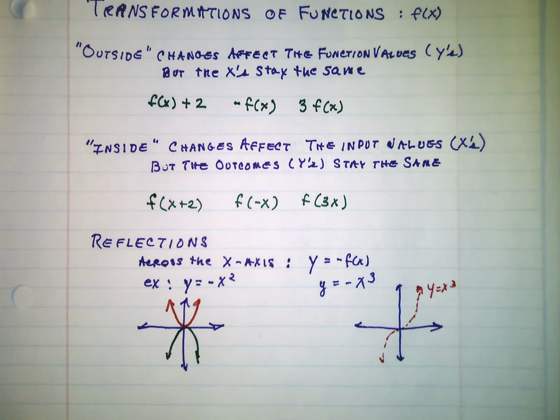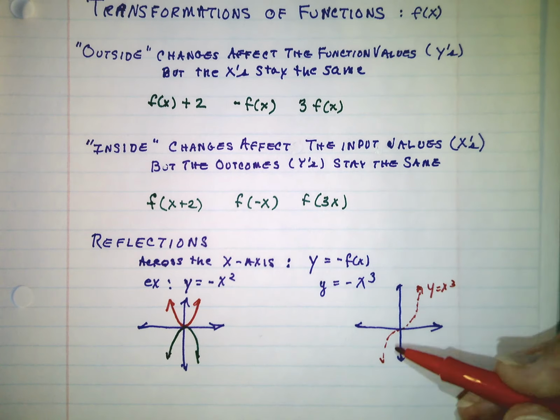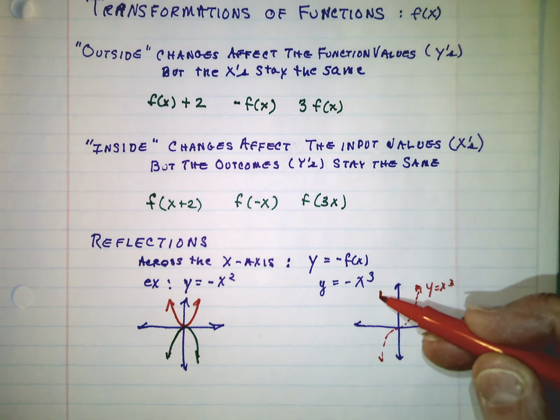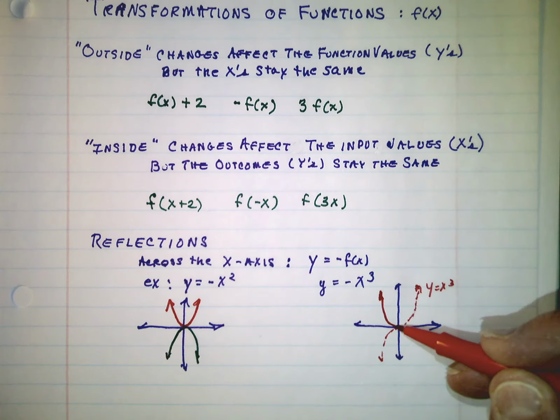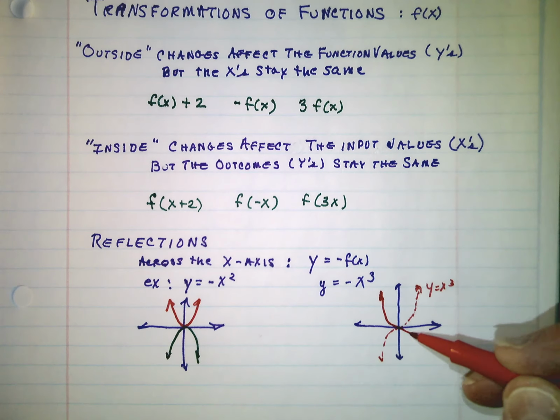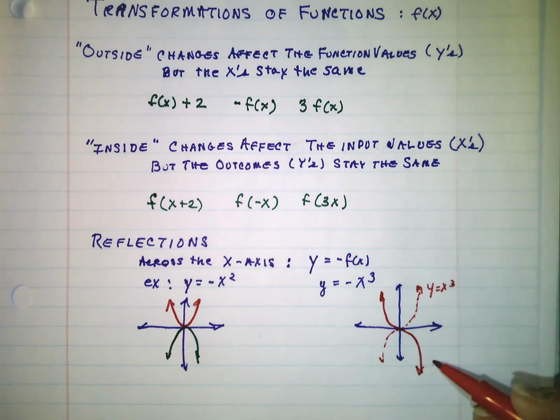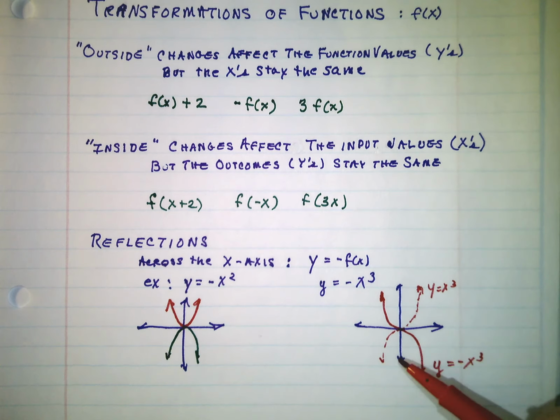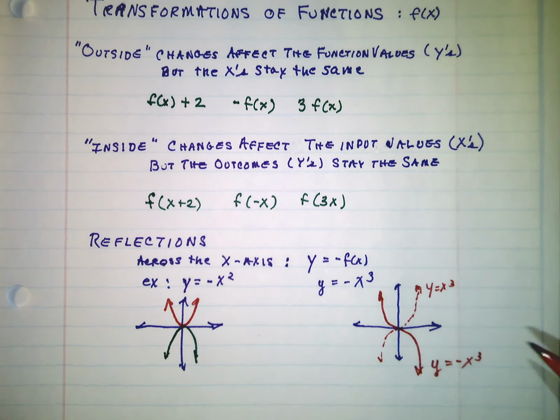And if we reflect it across the x-axis, this part's going to flip up here, and this part's going to flip down here. So this would be y equals the opposite of x cubed. All the y's get reversed. The negative ones become positive, positive ones become negative, but the x's stay the same.